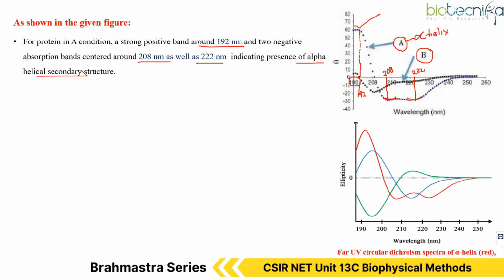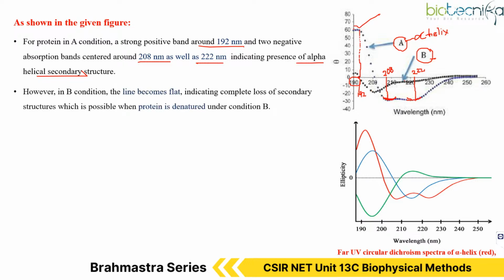And for B, it is represented with this black dotted line. For the B condition, you can see that it is becoming flat over here. Ideally for beta, you should get a positive band and a negative band, but here it is becoming flat.